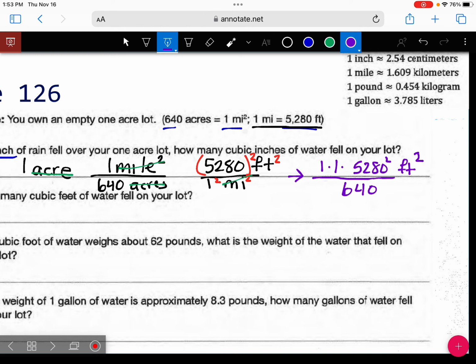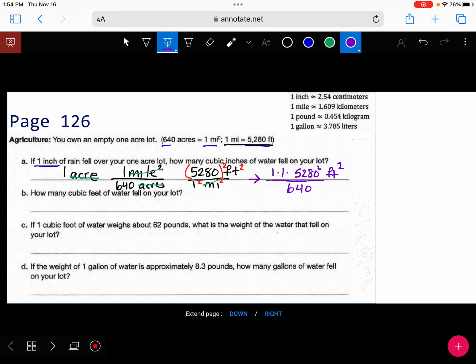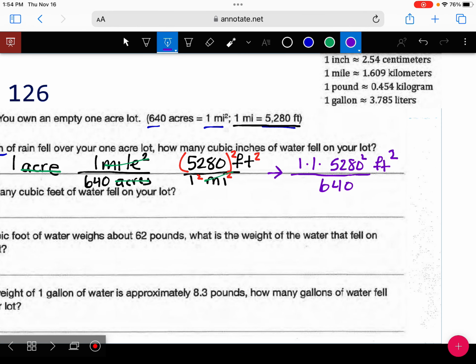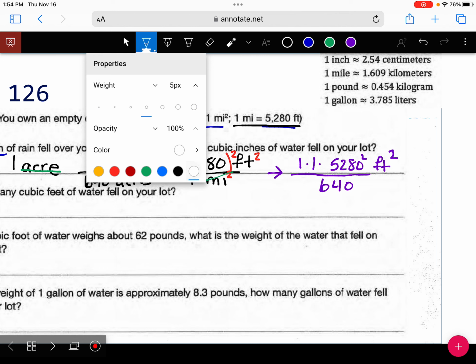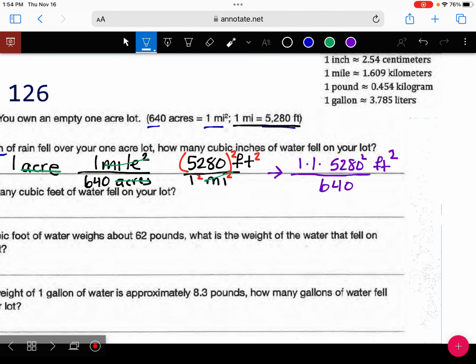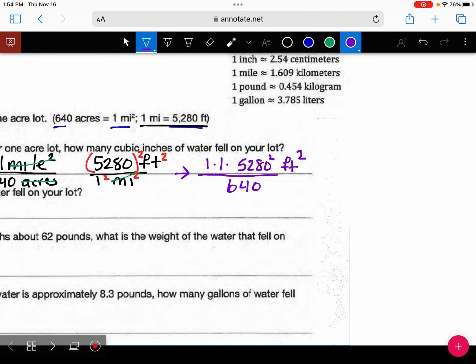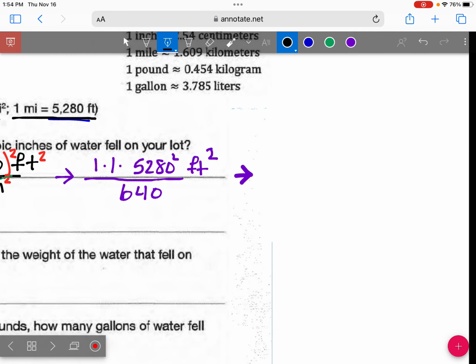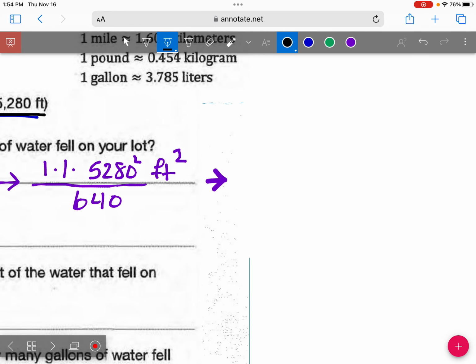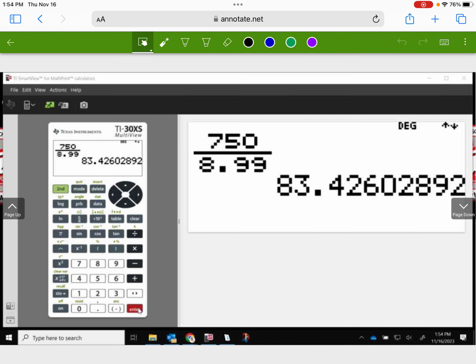Okay, so this is going to give us the square feet of our land. I'm going to need some more space, so I'm going to give us a little more room over here. So what we're going to do is we're going to type this into our calculator. 1 times 1 times 5,280 squared over 640.